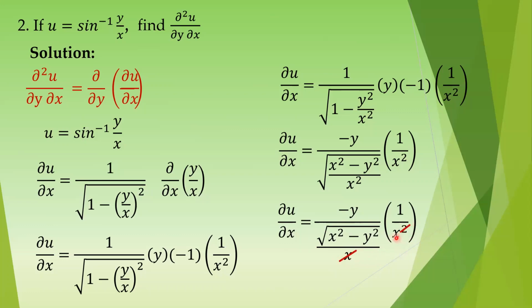So meron ka na lang x times square root of x squared minus y squared. Kaya ang ating makukuhang partial derivative of u with respect to x, pag sinimplify pa ito, magiging negative y over x square root of x squared minus y squared. So ito yung partial derivative ng u with respect to x.